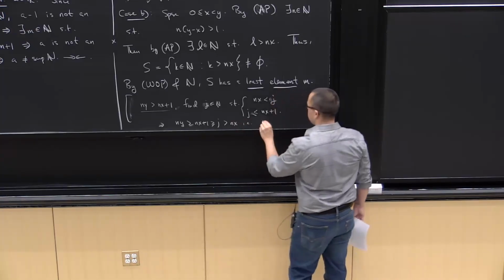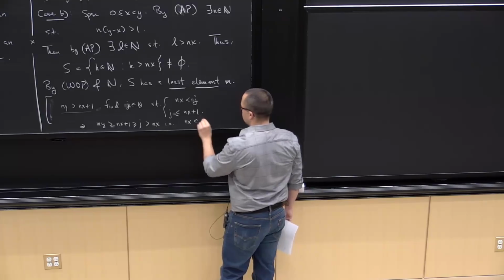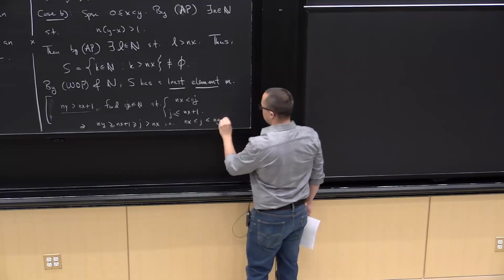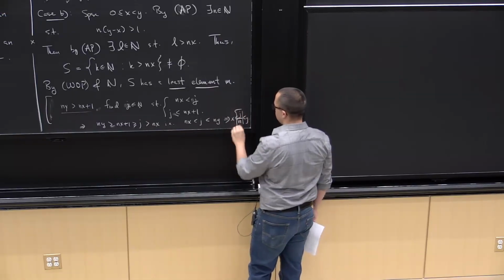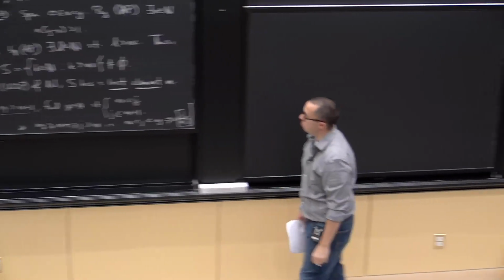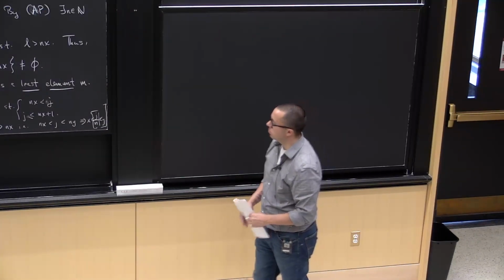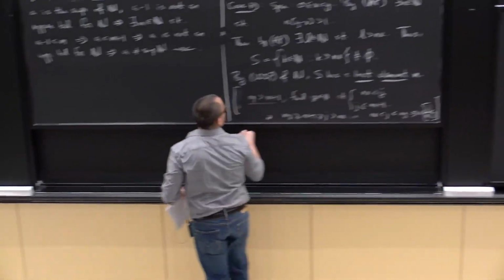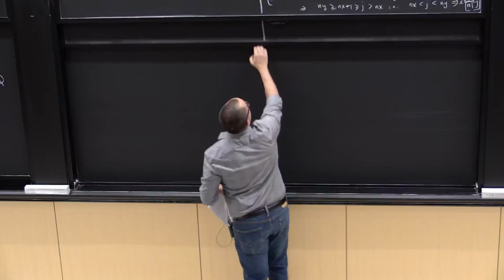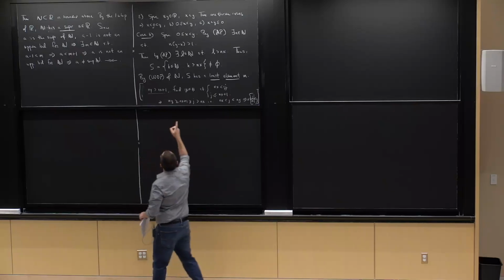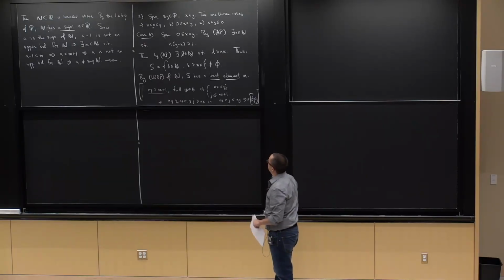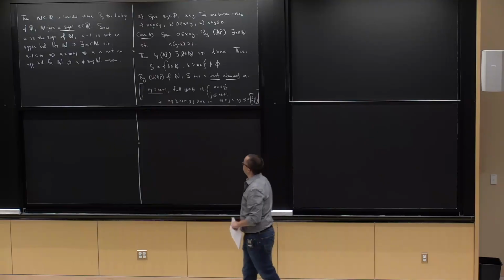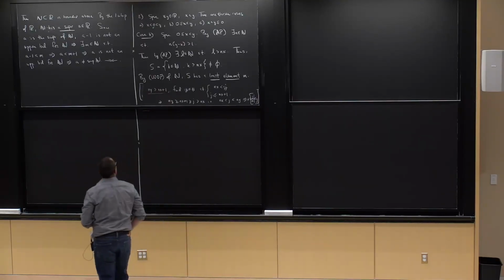Let me rewrite this: nx is less than j is less than n times y, or in other words, x is less than j over n is less than y, and here's our rational number which we would choose. Okay? So that's the game plan.